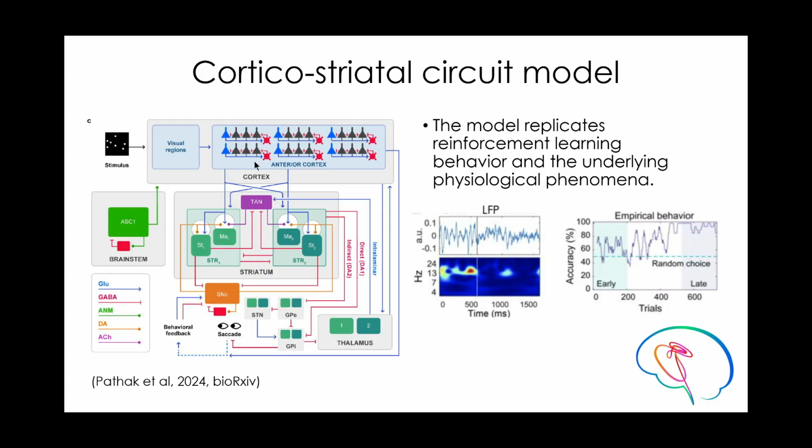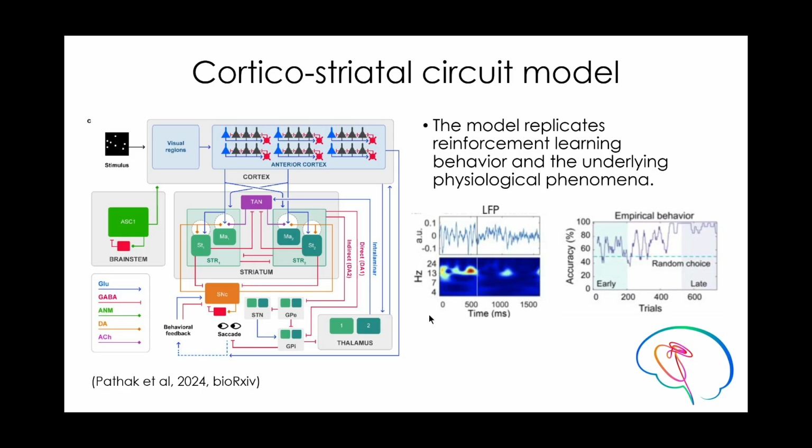After the cortex and the striatum connection to other subcortical regions, we have the final action, a saccade, because the monkey chooses left or right by looking in the left or right direction. And after the action, we also have the behavioral feedback, which is reward or no reward according to the choice made. So these are all part of the model.